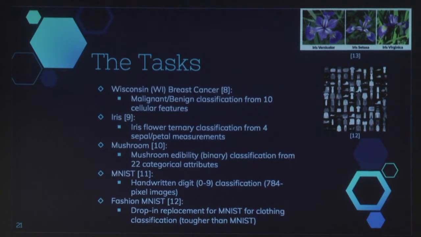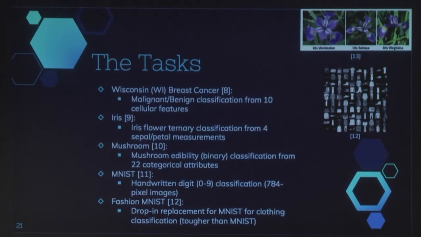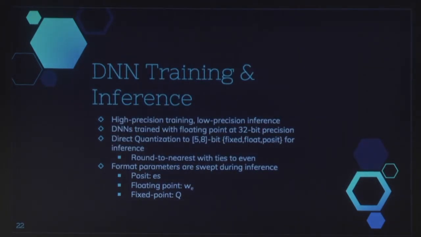The last one is Fashion MNIST, which is a drop-in replacement for MNIST, but for clothing classification, so you identify different clothing. We look at all these five tasks. In the software implementations, we've looked at ImageNet and other bigger data sets, but in the hardware, we stick to smaller data sets.